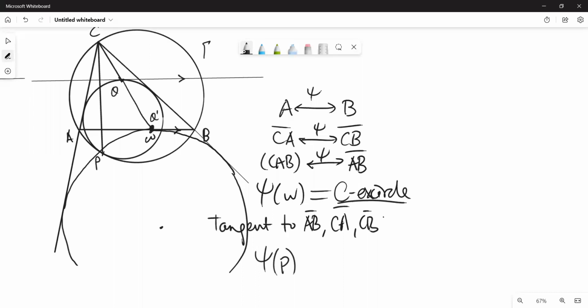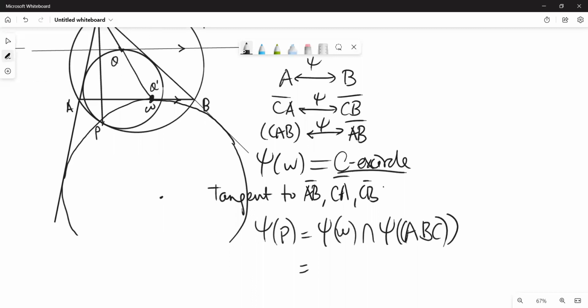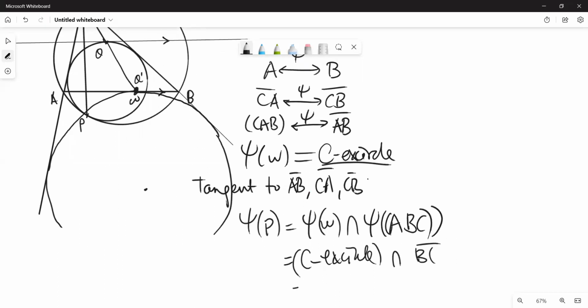So the image of P must be the image of omega and the image of ABC, which is the CX circle, intersect line BC, which is Q prime, and we're done, right?